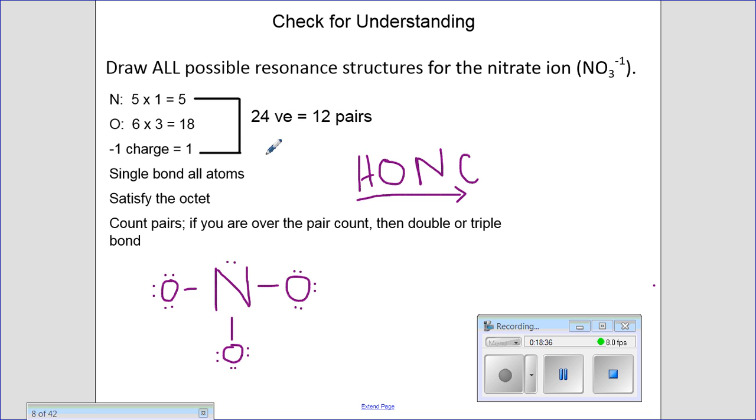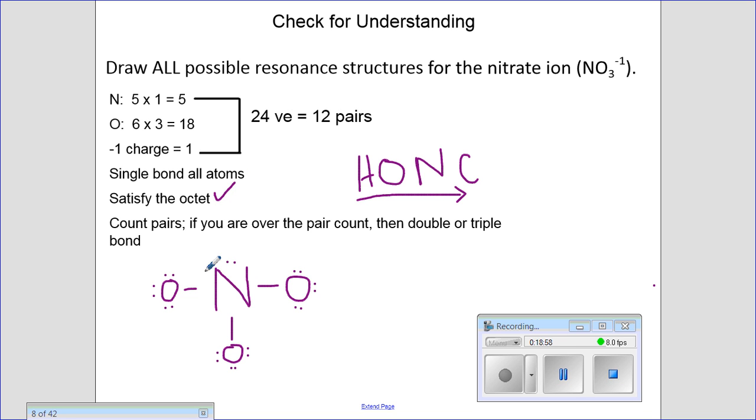Okay, did that. Then satisfy the octet rule. So this nitrogen now, if I put a lone pair up here, has 1, 2, 3, 4, 5, 6, 7, 8. It's good. Each oxygen has 1, 2, 3, 4, 5, 6, 7, 8. So all of your oxygens are good.